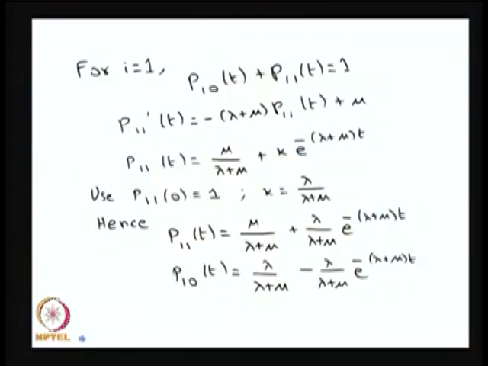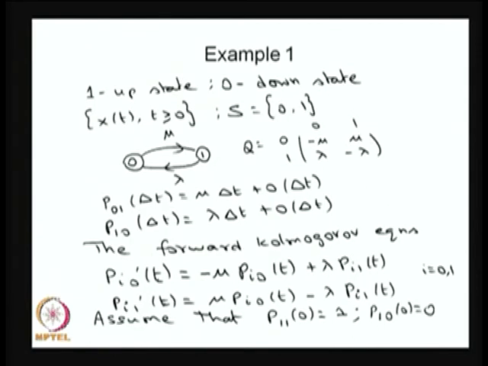So, let me start. Since I made the initial condition that the state is 1, therefore i is equal to 1. I will have the first equation: the summation of the transition probabilities at time t is going to be 1, and also I have two differential equations. I can take the second equation, and instead of P10 of t, I can use the summation of probabilities equal to 1.